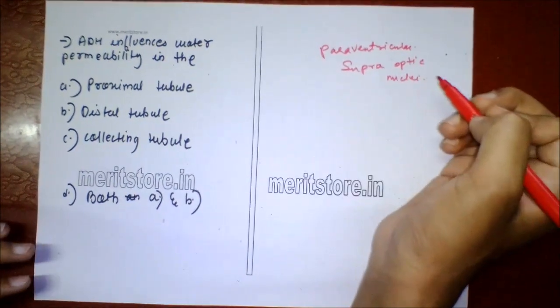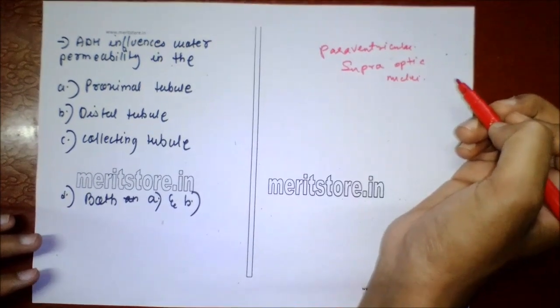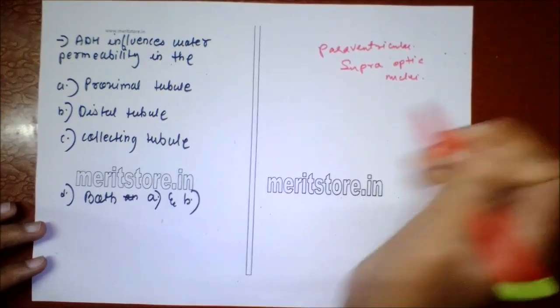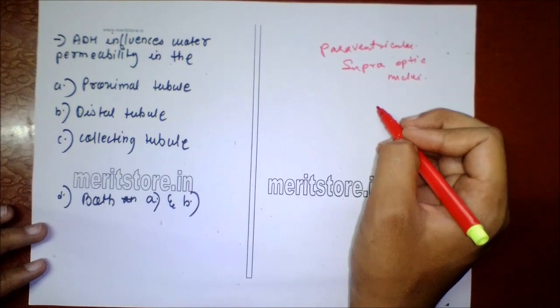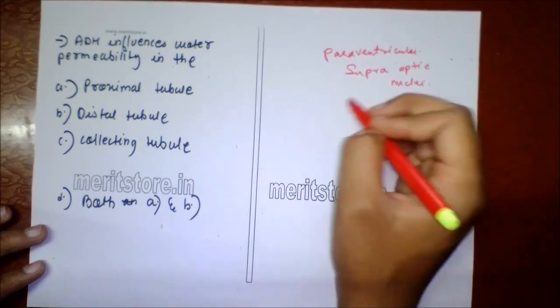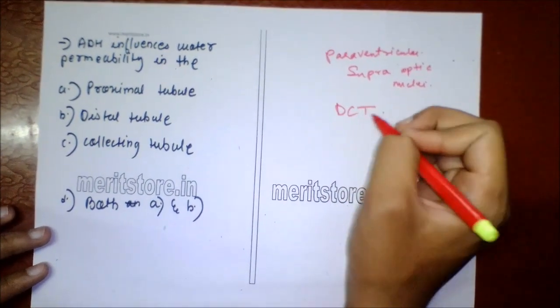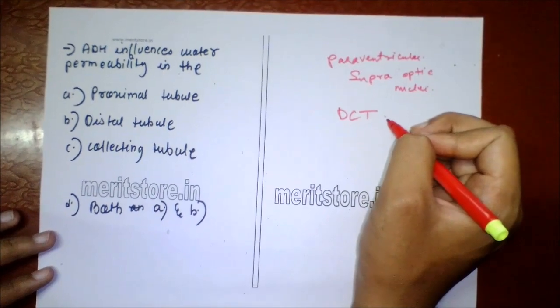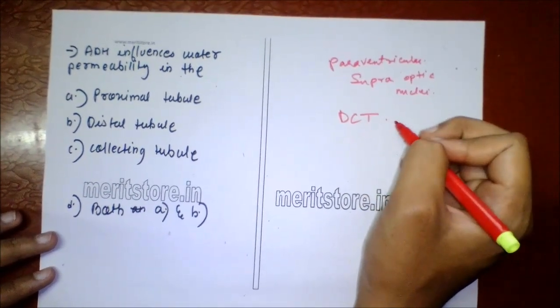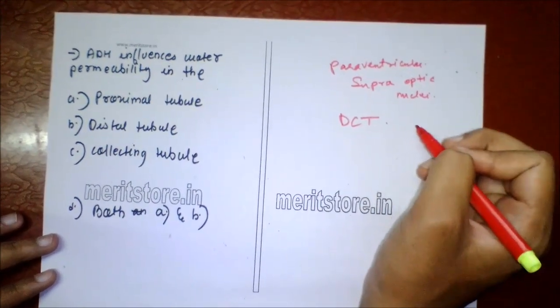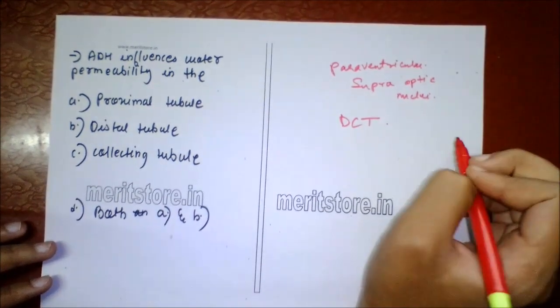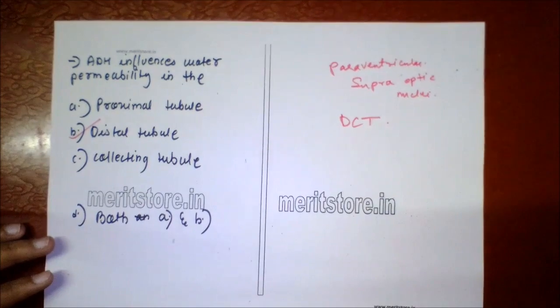These are the nuclei controlling the secretion of ADH. This stimulates water reabsorption from kidney tubules, that is in the DCT part of the nephron, the distal convoluted tubule, into the blood, and vasoconstriction of arterioles occurs. So option B is the correct answer.